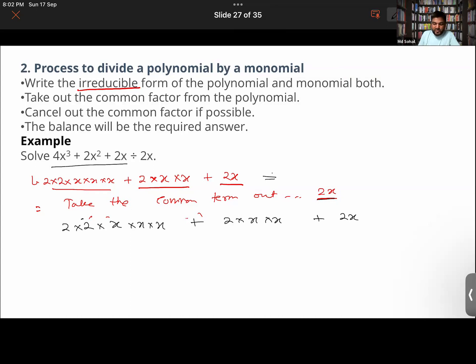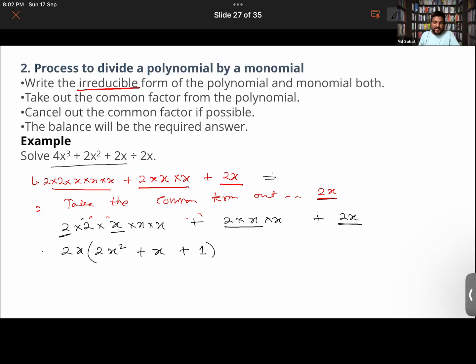Now we are taking 2x common out of the three terms here. So take 2 and x from here. You have taken this 2 and this x, so you are left with 2x square here. Take 2x from this term also, you are left with x, and take 2x from it, only 1 is left there. Got it now?